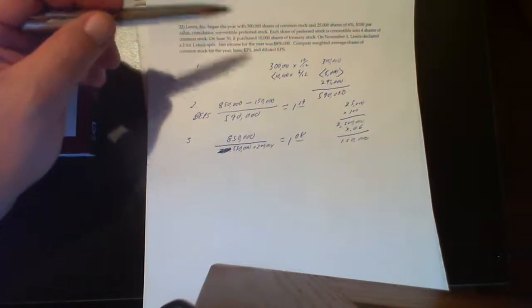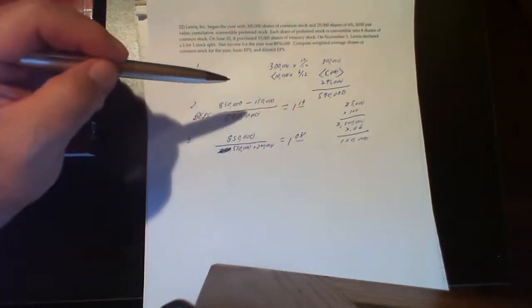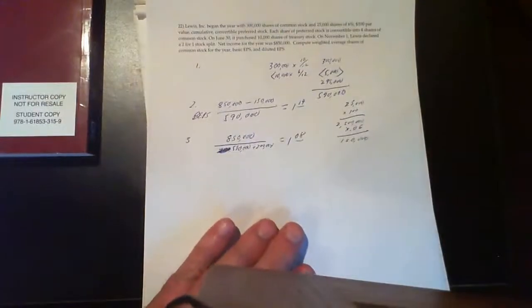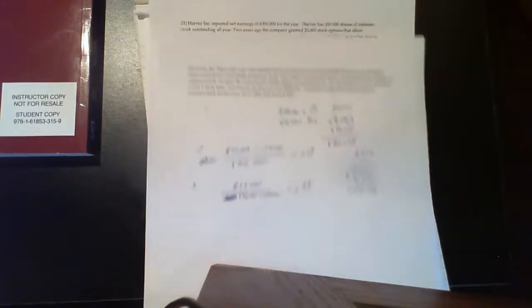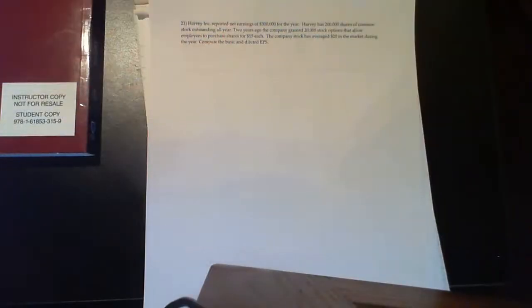And so we never report anti-dilutive earnings per share. So if this number had gone up, we would not have reported diluted earnings per share on that. All right, so that's our third one. And again, that's probably a little more complicated than you're going to see on the exam, but the basic earnings per share, and then the weighted average shares outstanding, I think you want to be prepared for as well.